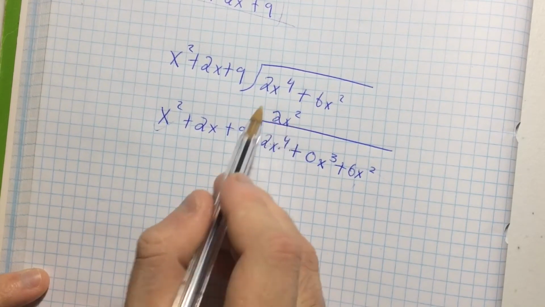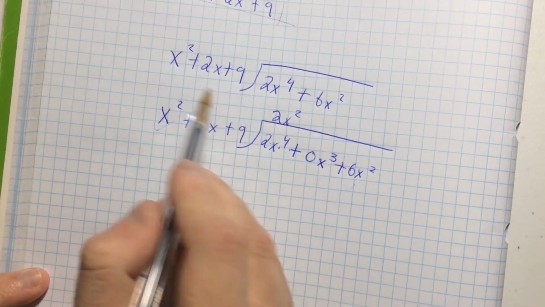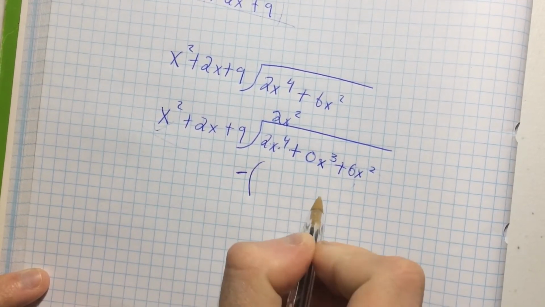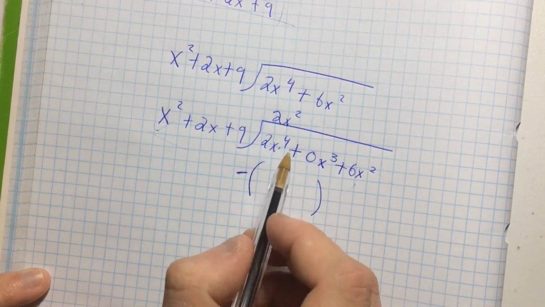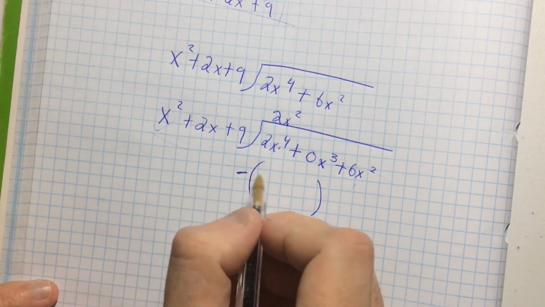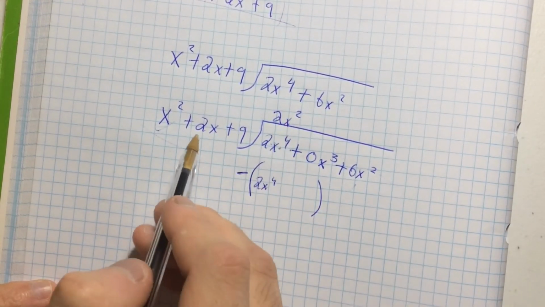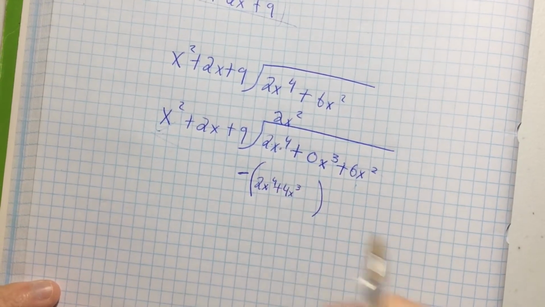Now, I have my first term. So 2x squared, I have to multiply this by everything here, but I have to subtract it from this guy right here. So 2x squared times x squared is 2x to the 4th. Now 2x squared multiplied by 2x is plus 4x cubed.